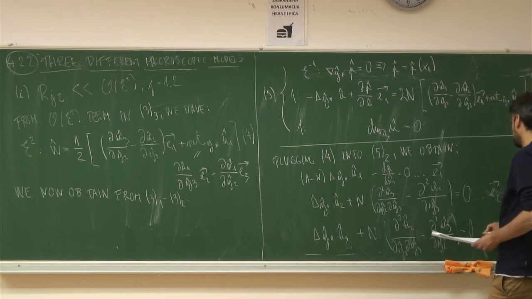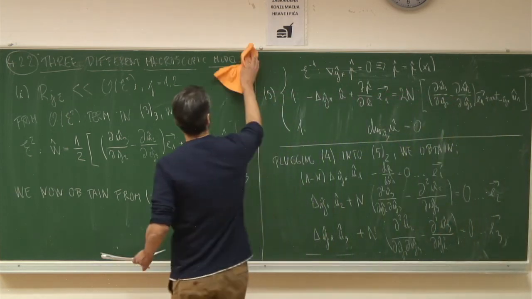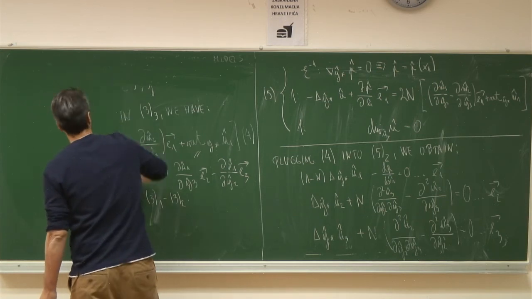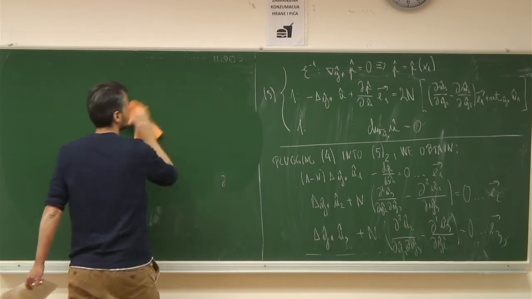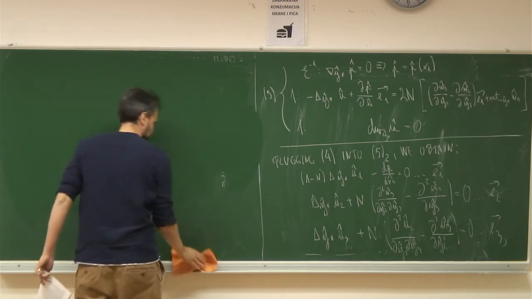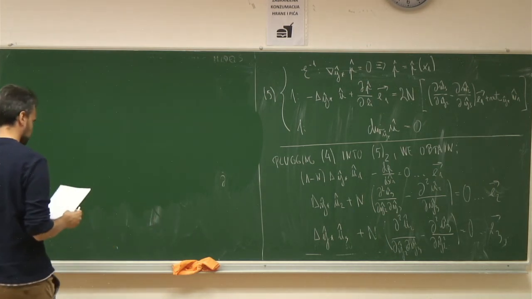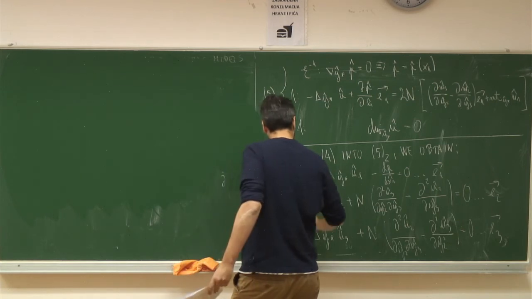So this is 0 in the third component. Okay. You can denote this by 6.